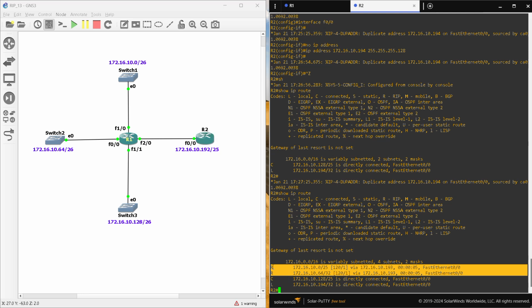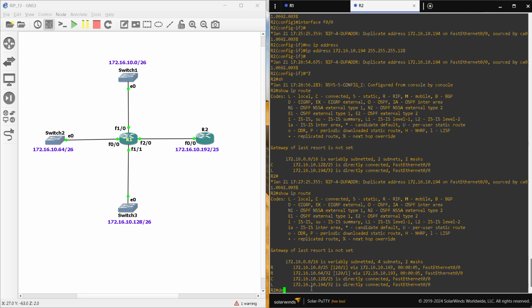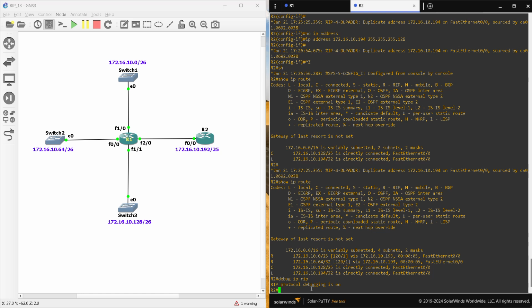So R2 has installed these two because it was /25, having two subnets, so it is going to accept only two. Also we'll see debug ip rip. We have to wait for this.